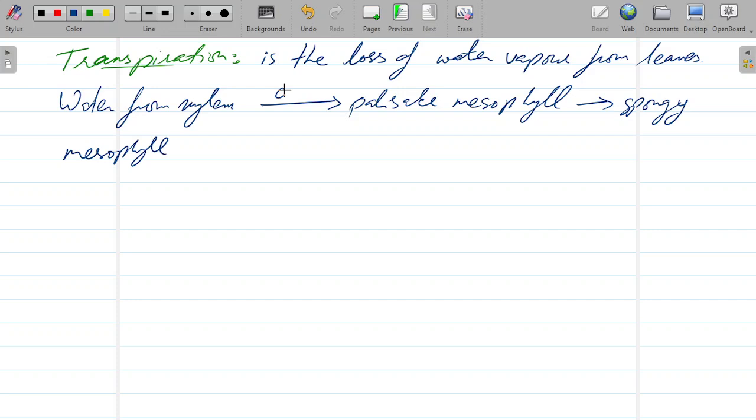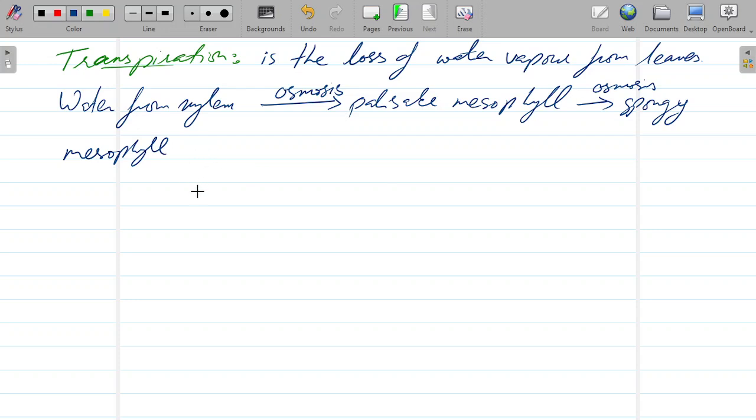Right, and this is occurring via osmosis. So xylem has the highest water potential, and so water goes to the palisade because it's lower water potential, and then the palisade mesophyll cells have a higher water potential. The spongy have a lower water potential, and so water goes to the spongy mesophyll cells.